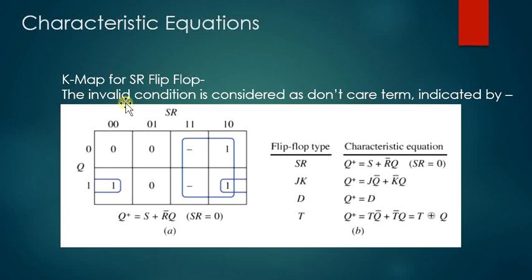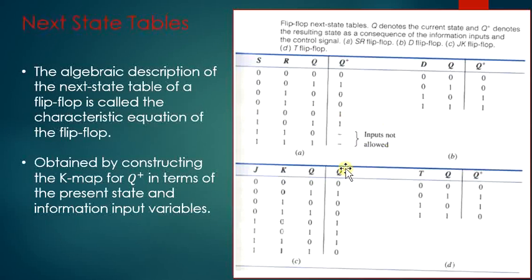So if I have to write the expression for Q plus from the function table, I can see that for a condition of S equal to 1 and R equal to 1, irrespective of Q being 0 or 1, I obtain Q plus to be the don't care term.